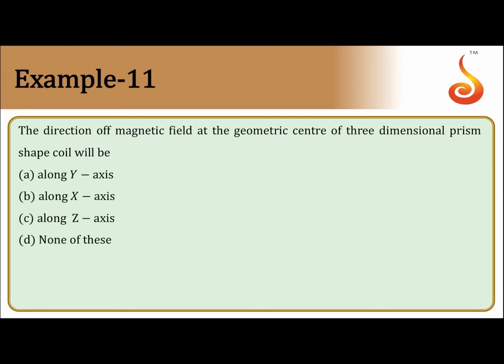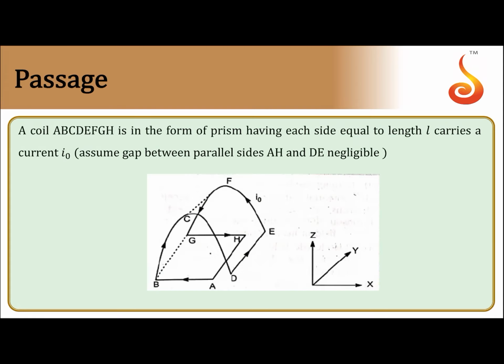So let us look at the figure. In fact, the magnetic field at the center will be equal to 0, because it is just like, for example, AH and DE, two wires, they are at the same place, given in the question that the gap between them is negligible, and they are carrying currents in the opposite direction.